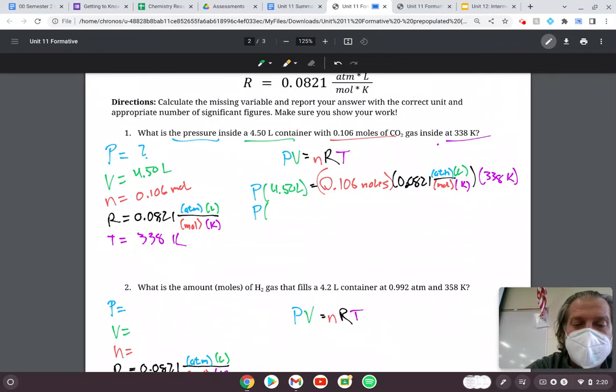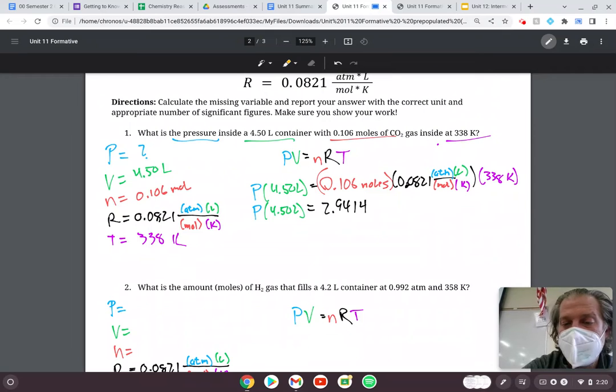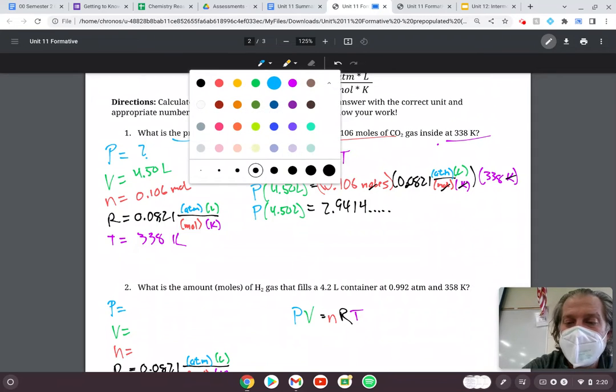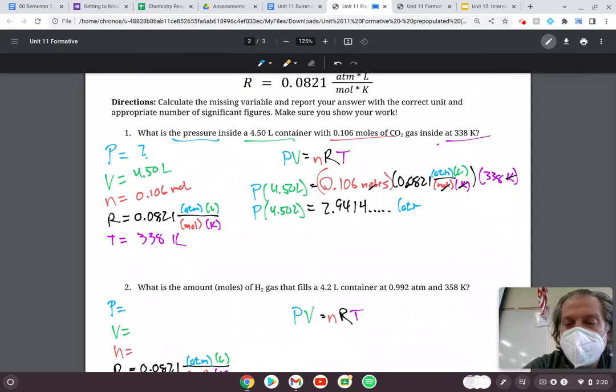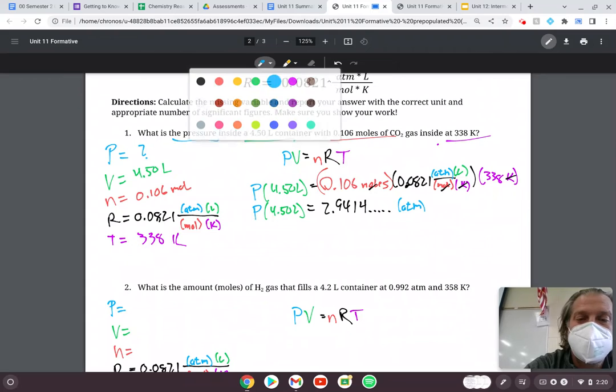We have P times 4.50 liters equals, and this time our value is going to be 2.9414 and so on. Moles cancels out, Kelvin cancels out, and the actual unit here is going to be ATM and liters.